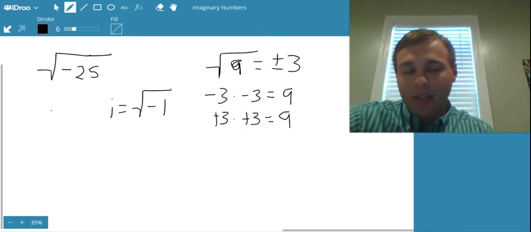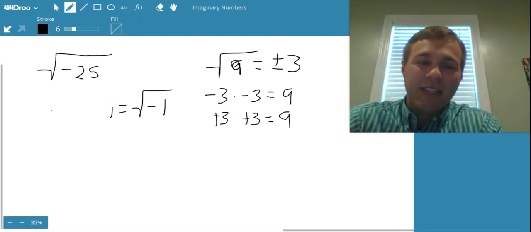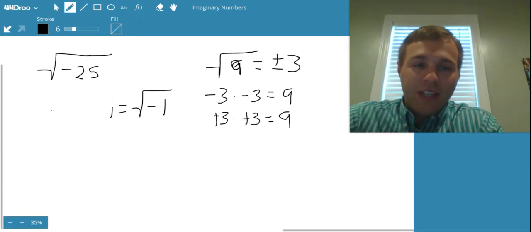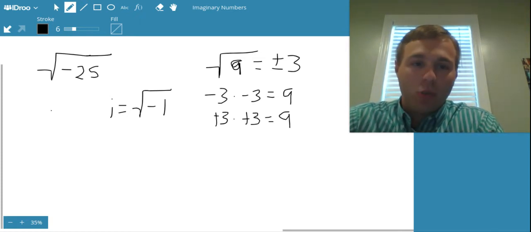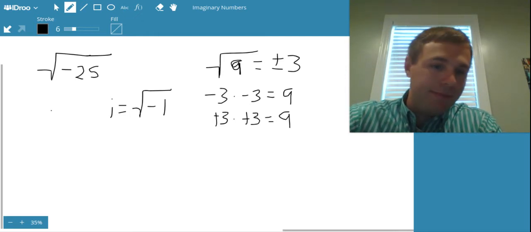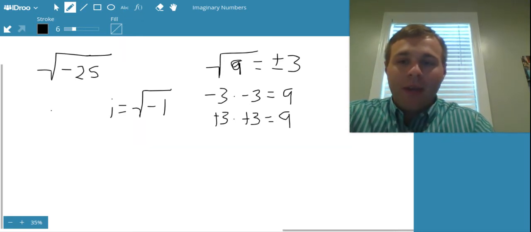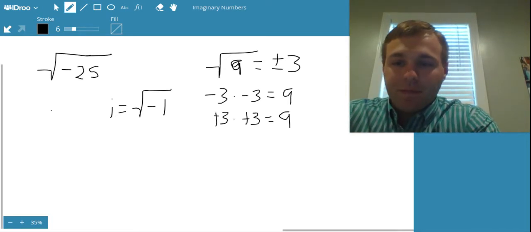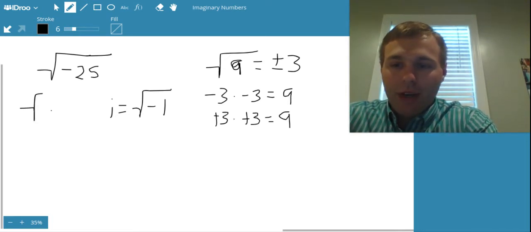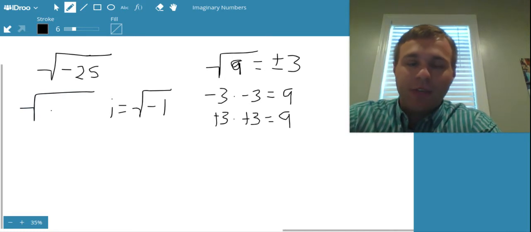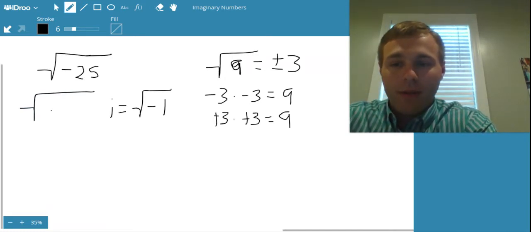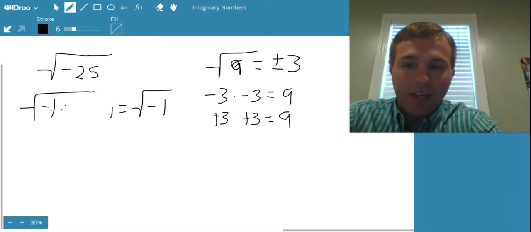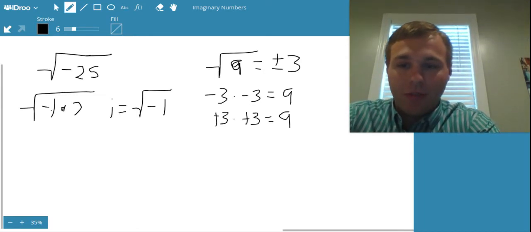Basically, imaginary numbers have been used as kind of a placeholder to help you solve the square root, cube root, etc. of whatever you're working. So to solve the square root of negative 25, I would break this down into the square root of negative 1 times the rest that's left in this problem, which would be 25.